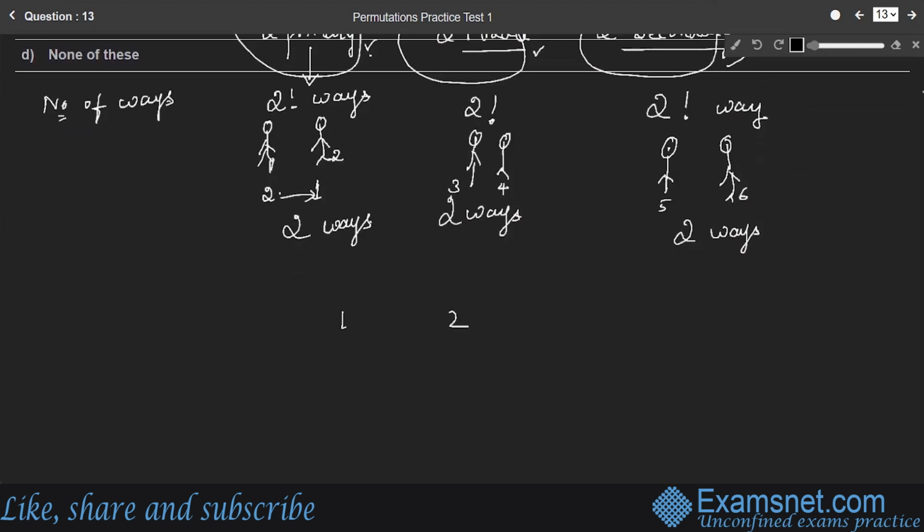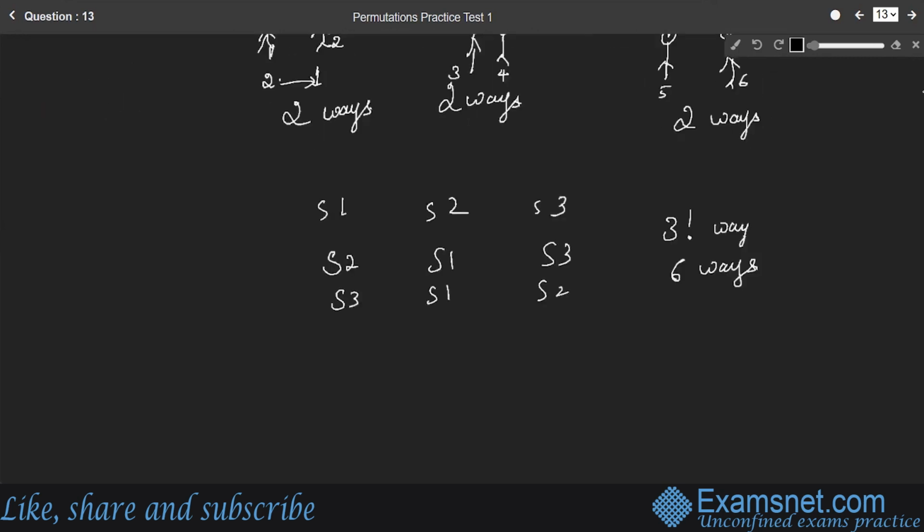In how many ways? You can take set 2 at first, then set 1 and set 3, or set 3, set 1, set 2. In how many ways can this be possible? In factorial 3 ways. That means in 6 ways, the arrangement of these 3 sets can be possible.